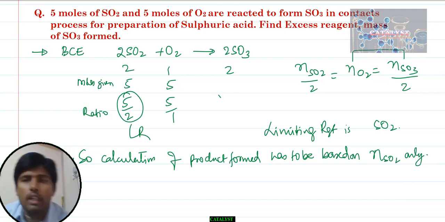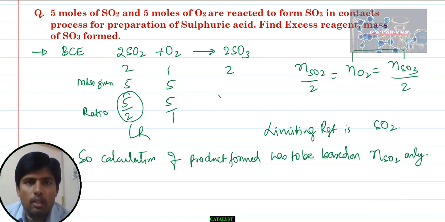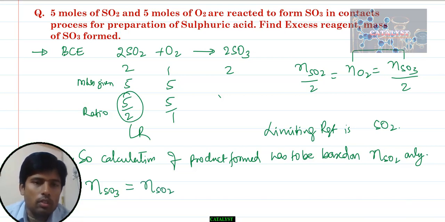This is the important aspect to keep in mind. So next, number of moles of SO3 formed is equal to number of moles of SO2 reacted. That will be 5 by 2 moles.